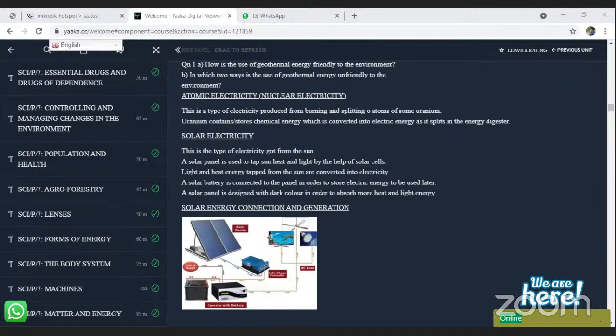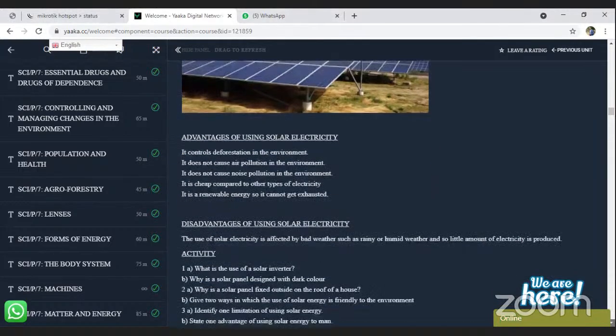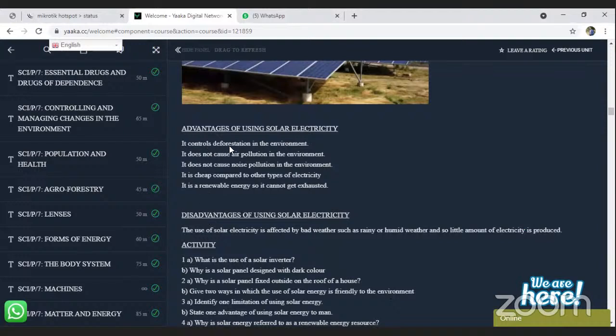As we continue, we shall see how the dark colors are. It is painted with dark colors. As simple as that. It also has the advantages: it controls deforestation, does not cause air pollution, and does not cause noise pollution.